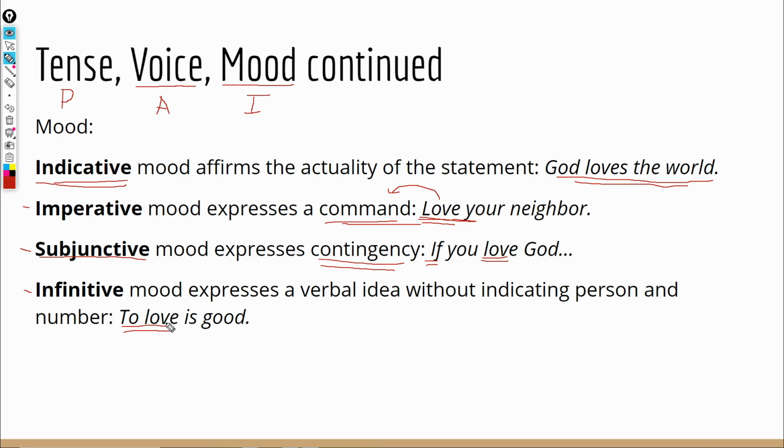So the very famous kind of Shakespearean phrase, to be or not to be, those are two infinitive mood verbs, right? It doesn't express who is to be or what is to be or how many of those things are to be. It's just kind of floaty out there in the ether. That's kind of the way that I like to think about it. Okay?